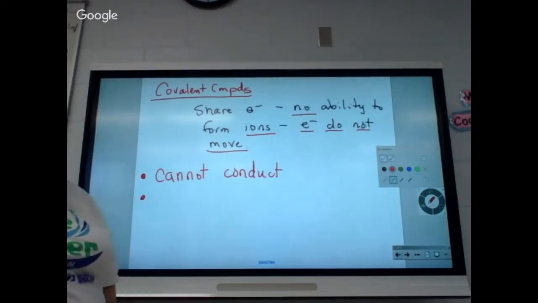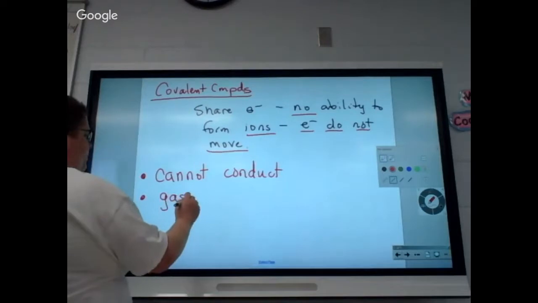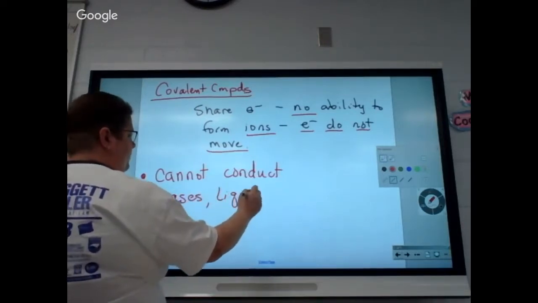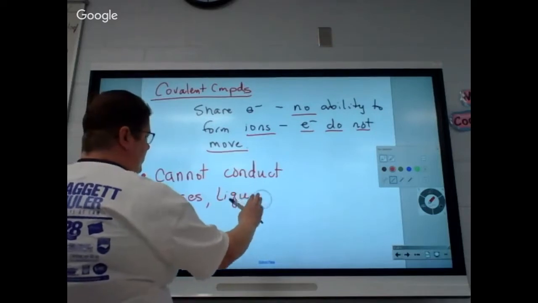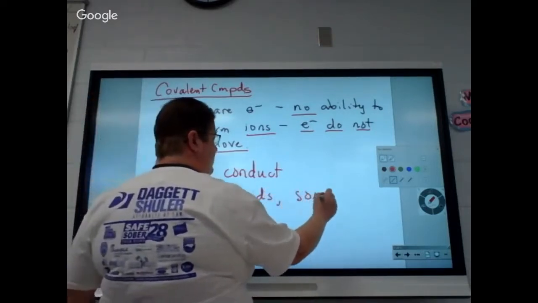All right, they cannot conduct. What else? Are they going to be malleable or ductile? No. Think about it. Covalent compounds are going to be all nonmetals, right? So these things are going to be gases and largely liquids. Okay, there will be some solids.